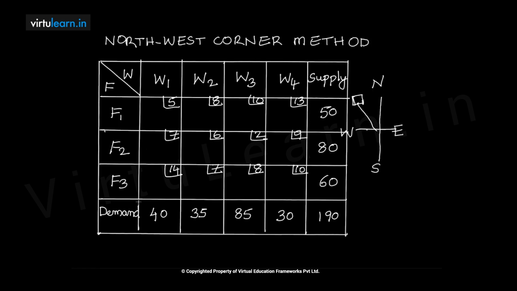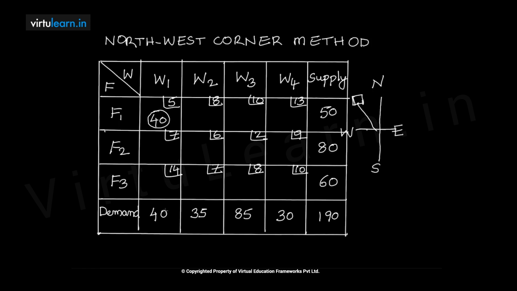Based on this cursor, in this entire table, this cell is the most northwest corner cell. Based upon the availability and the demand, we have to allocate the maximum possible number of units to this cell. Here the demand at W1 is 40 and the supply is 50 units from factory 1. So we can supply all the 40 units which are required at W1.